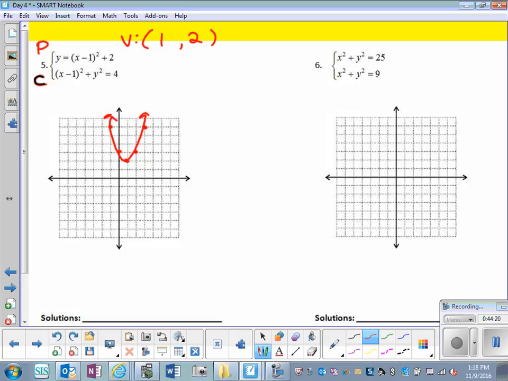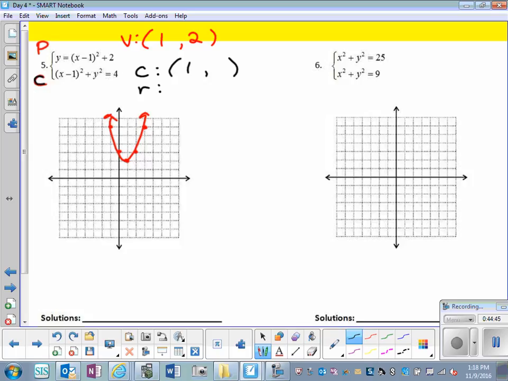Okay, there's my parabola. And now the other one is a circle, yes? Guys, for circles, you have to find the center and you have to find the radius. What is the center for this circle? What's the opposite of this number that's inside parentheses with the x? 1. And is there a number inside parentheses with the y?